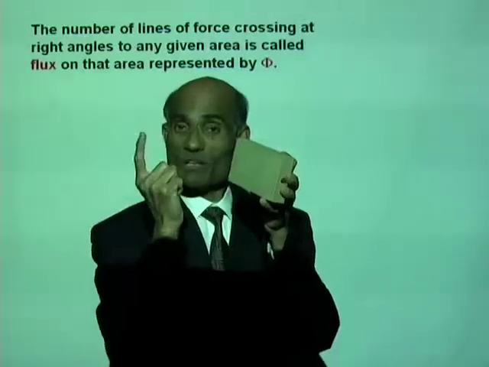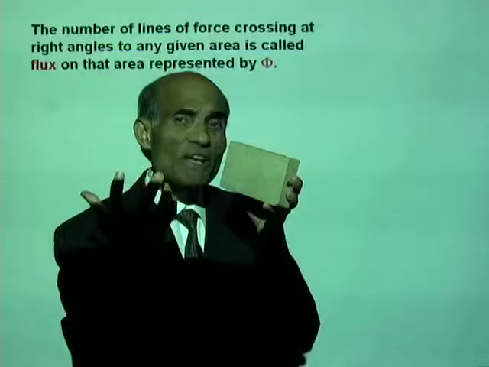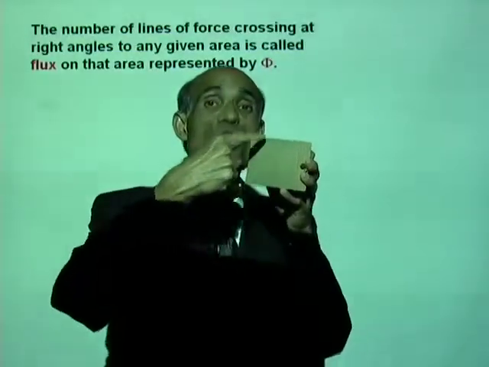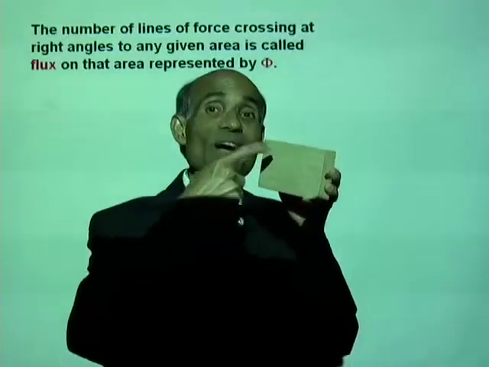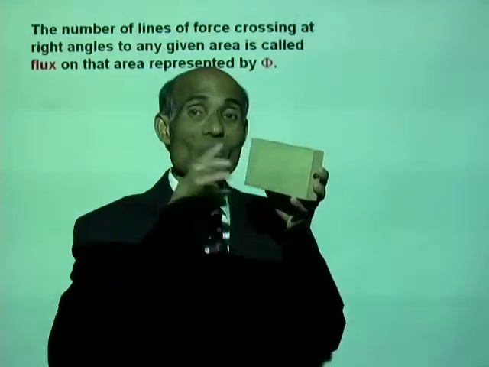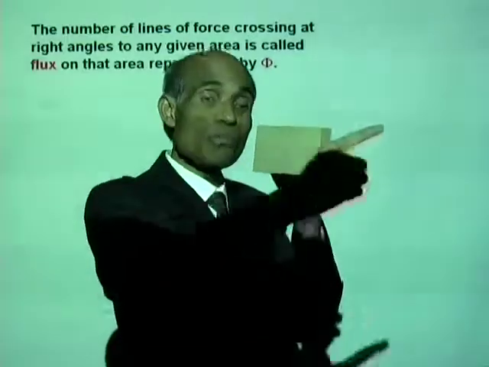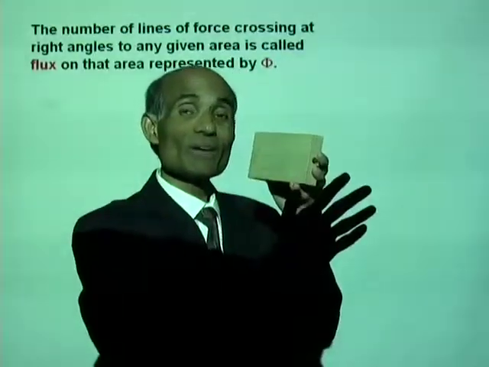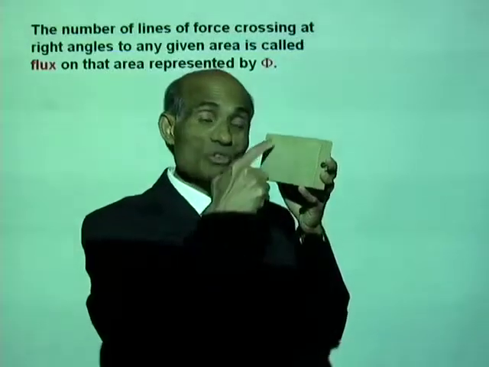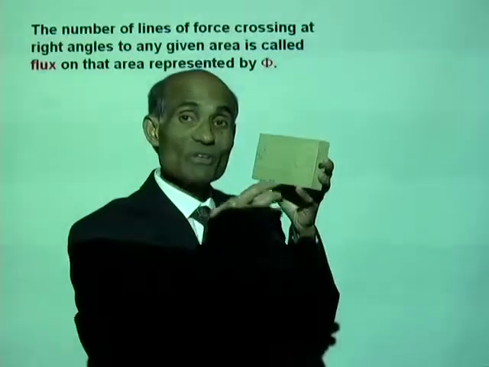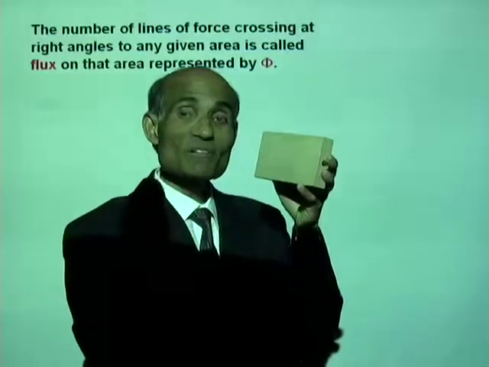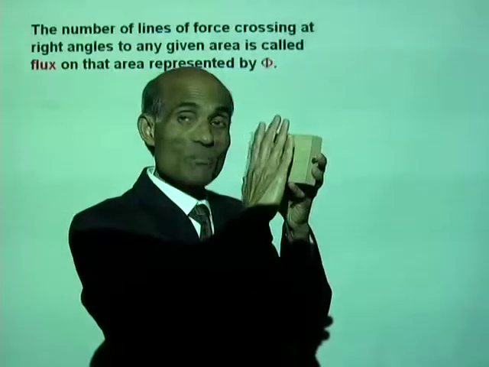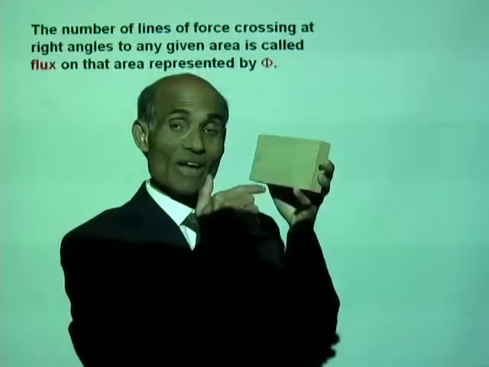You see, what did we say the electric field is? Electric field is the number of lines of force crossing unit area containing that point. But flux is the total measure of the lines of force crossing the entire area. And so, we can use the concept of flux to define intensity of electric field. A flux is a measure of the total number of lines of force crossing the entire area.